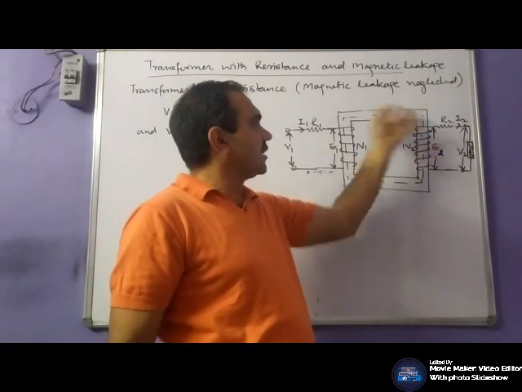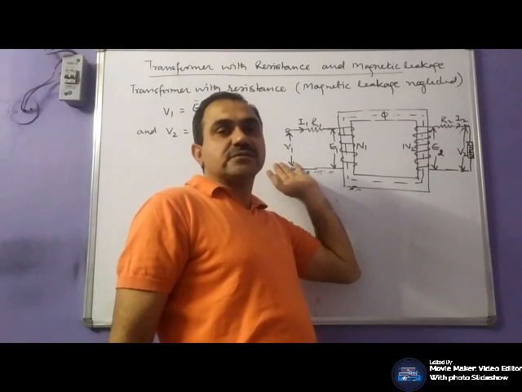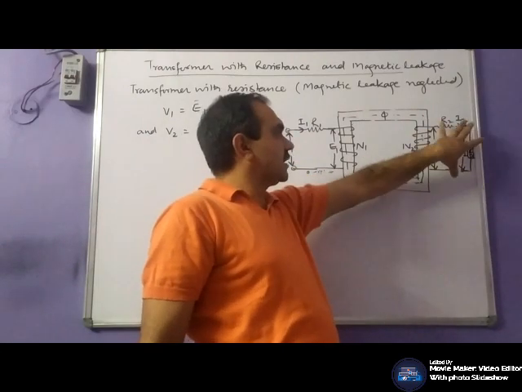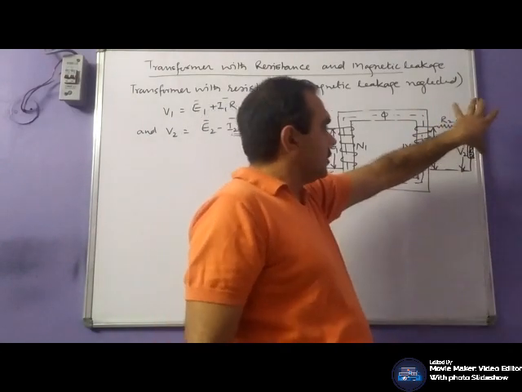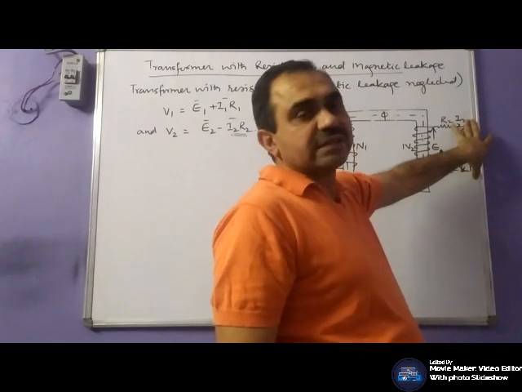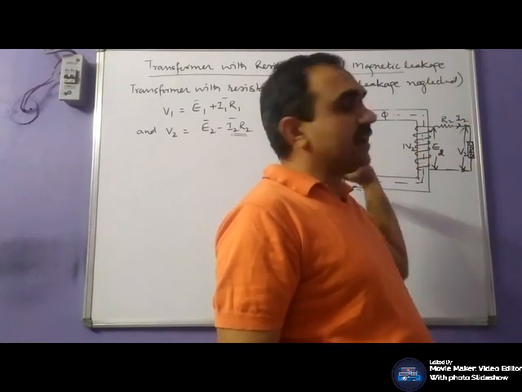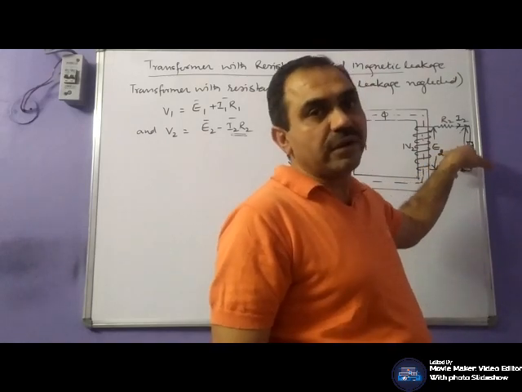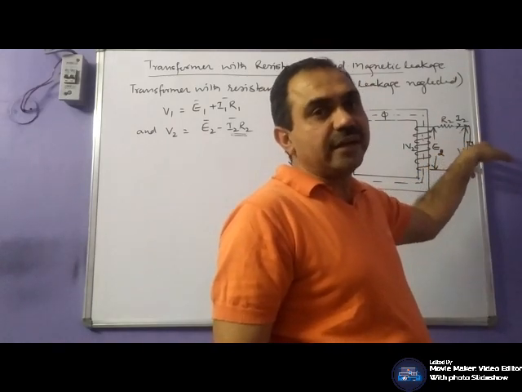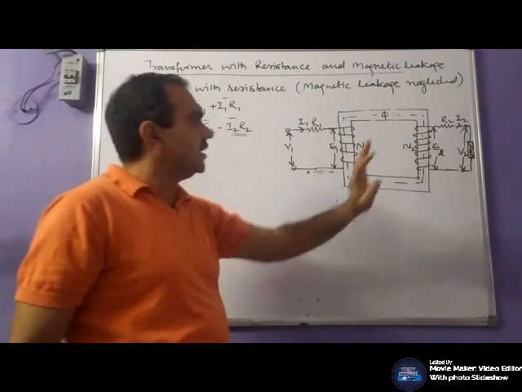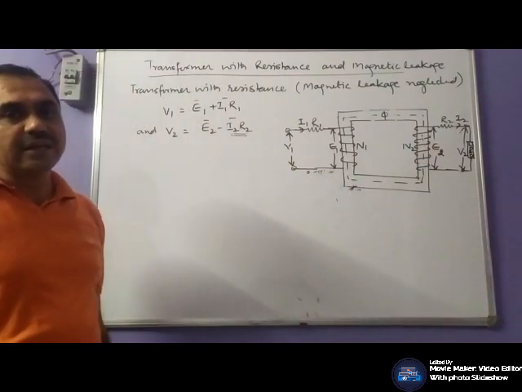Then we can transfer these resistances on this side, so that we have the device measurement on the secondary side. So our requirement is to find the equivalent resistance of the transformer on this side. So we can refer these resistances on the secondary side.